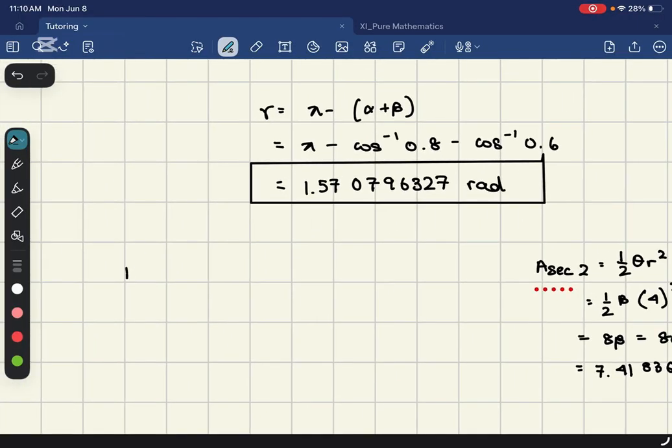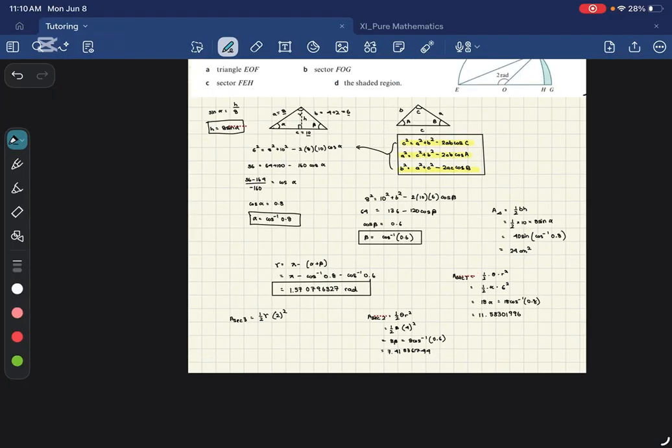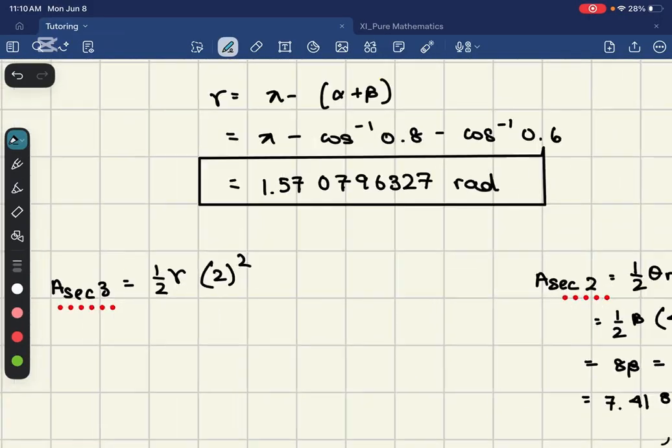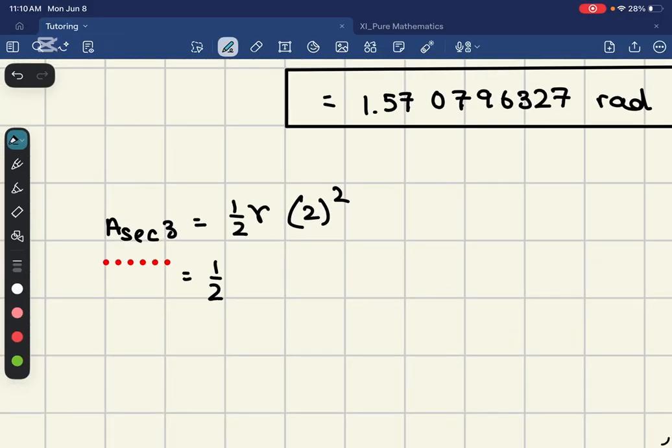Now let's find the area of sector 3. And that is going to be half gamma r squared, your final angle. And remember, your final radius is going to be 2 squared, because the small circle, this part, has a radius of 2. So it's going to be half. Gamma was 1.570796327, right? This is gamma. And 2 squared is 4.